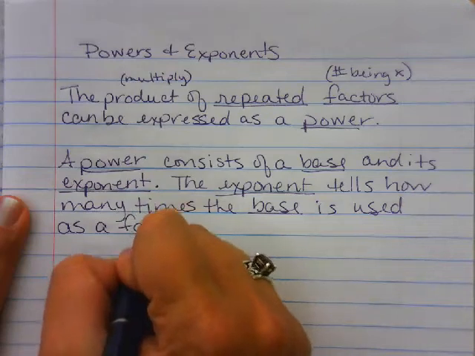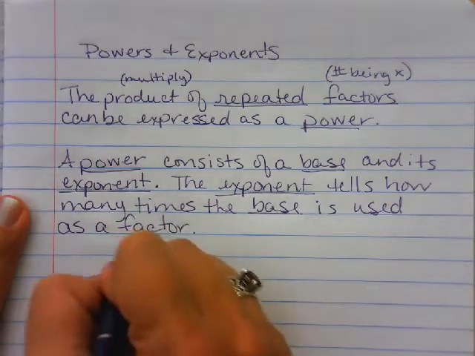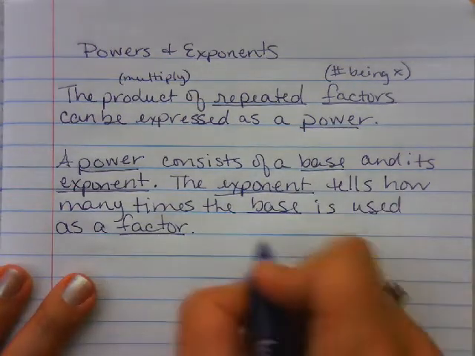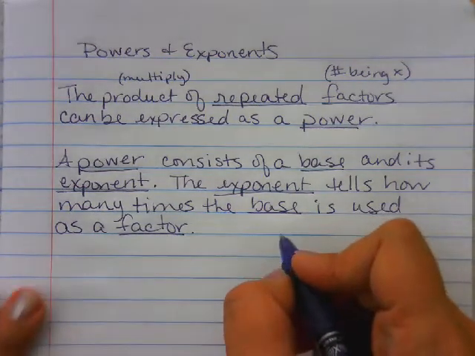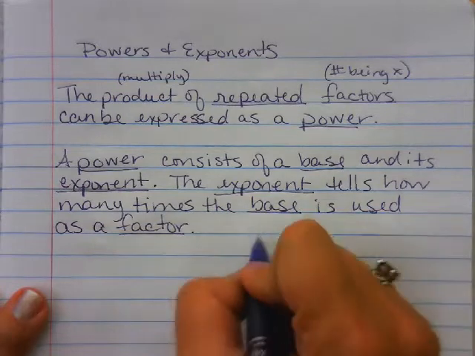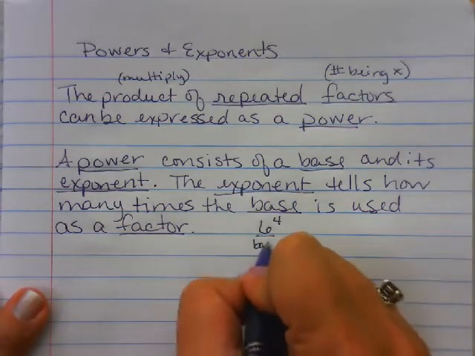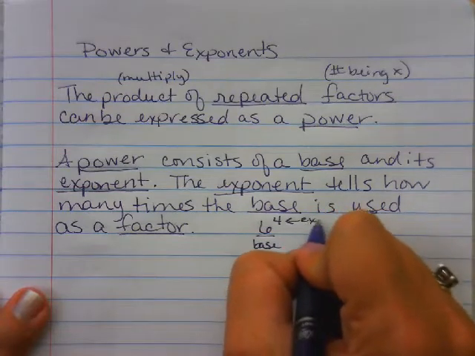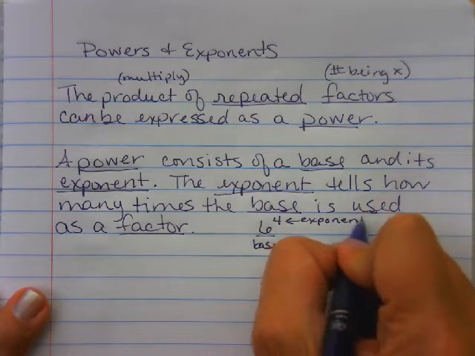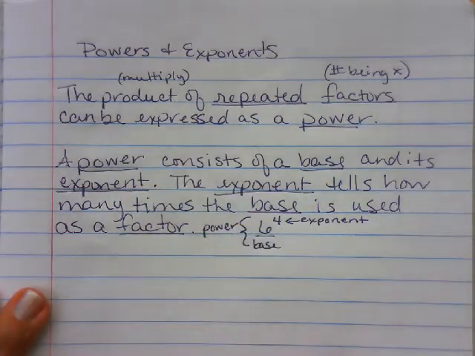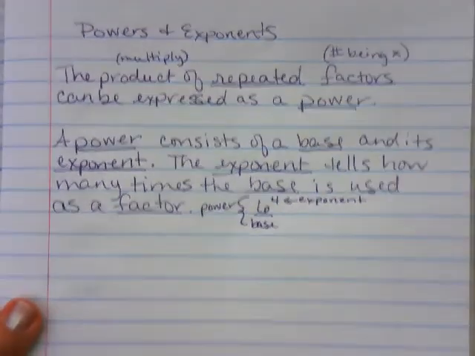So remember, this is the only time the little guy tells the big guy how many or what to do. If I gave you, for example, 6 to the 4th, 6 is my base, 4 is my exponent, but the whole thing is called the power. Okay, that was from our notes in 6th grade.